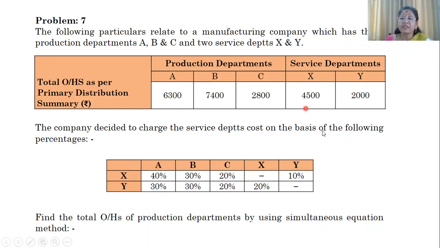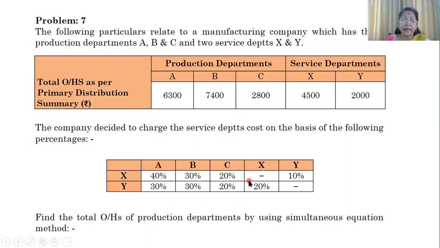Even though the service department cost is given in the problem, we need to find the service department costs with the help of the simultaneous equation method. After finding the value of X and Y, we redistribute to the production departments on the basis of the given percentages.